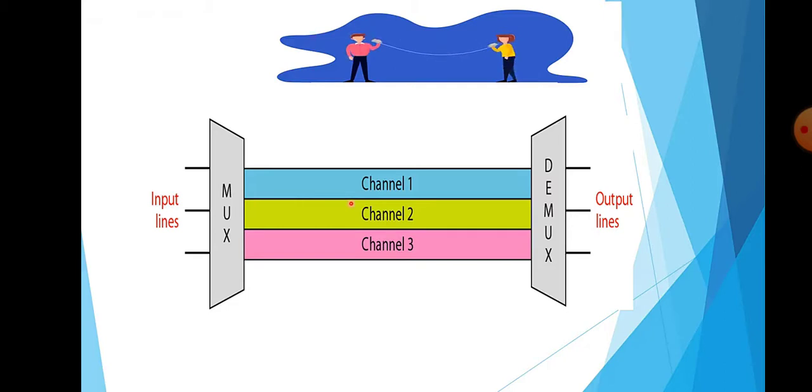Here we can make use of some unused frequency band in order to avoid interference among the channels. The channels are separated by strips of unused bandwidth, and that is called the guard band. This guard band will avoid overlapping as well as interference between the channels.